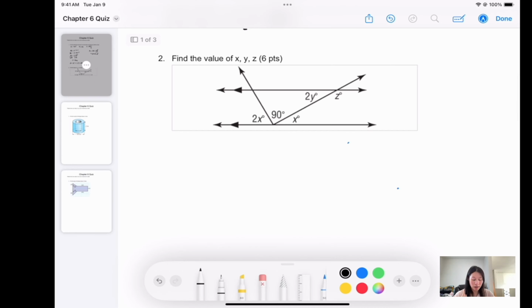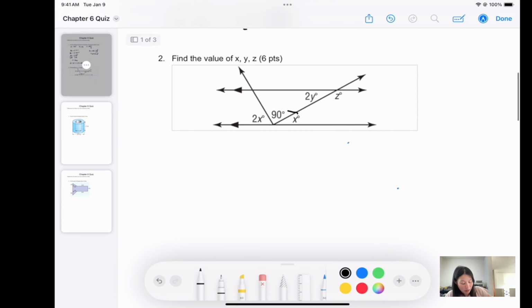Okay, next is the angle relationships in parallel lines. The two horizontal lines are parallel to each other. So if they're parallel, we know that the alternate interior angles are equal, and also the angles along the transversal add to 180 degrees.